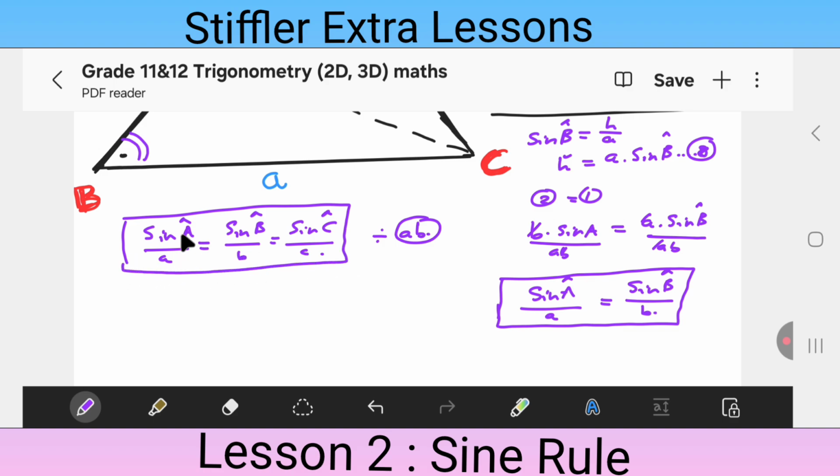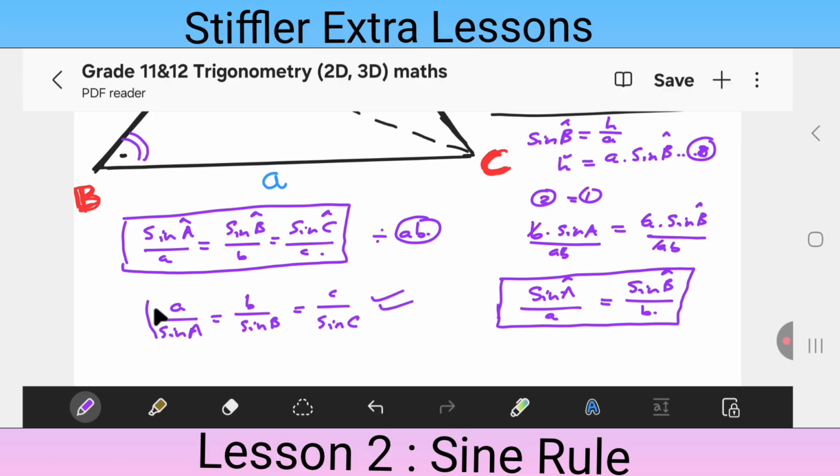And if you want, you can also invert or reciprocate this, which means that A over sine of A will be equivalent to B over sine of B, as well as C over sine of C. No matter how you use it, it will always work.